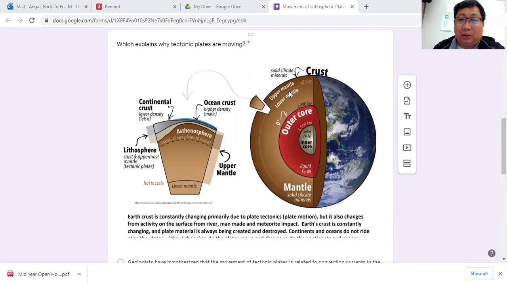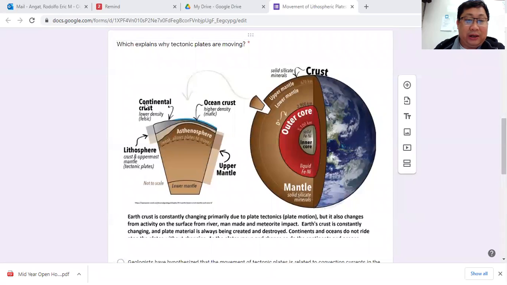And then we go back to the one above the outer core, the mantle. Convection currents happen in the mantle that affects the characteristics of the Earth's crust. There are two types of Earth's crust.